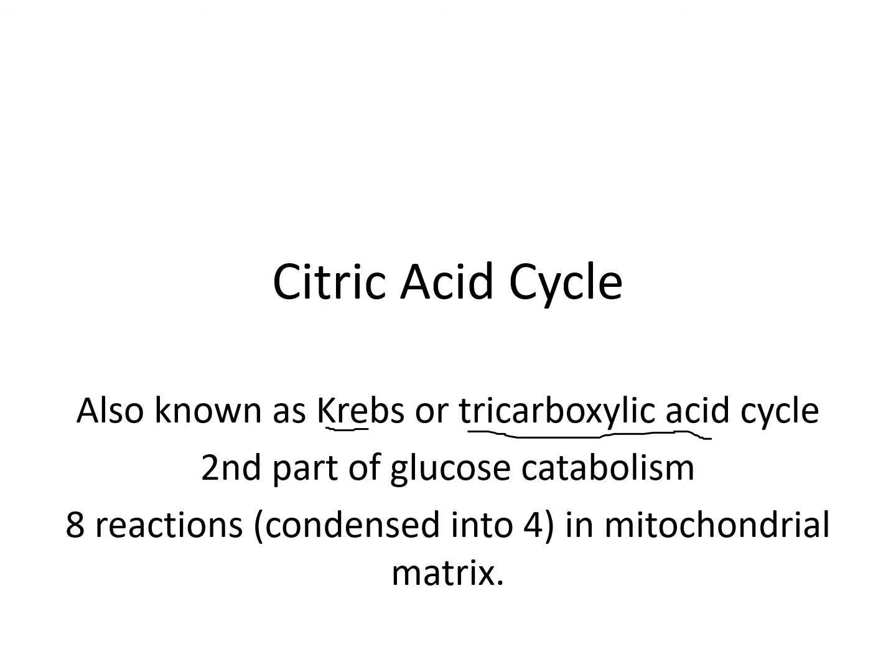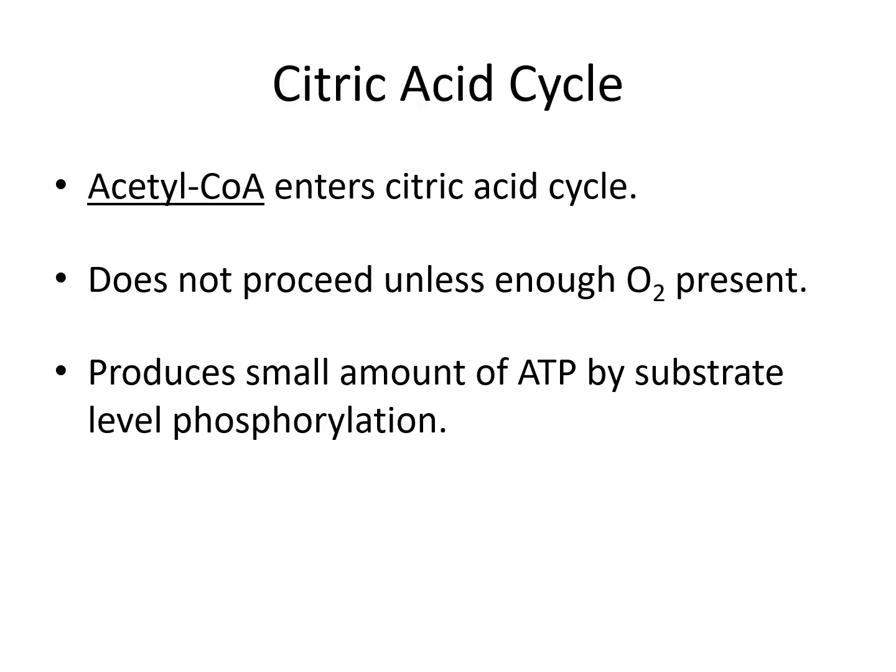And this occurs in the mitochondrial matrix. So acetyl-CoA now enters the citric acid cycle. It doesn't require oxygen, but it doesn't proceed unless there's enough oxygen present. And this is going to produce a small amount of ATP by substrate level phosphorylation.